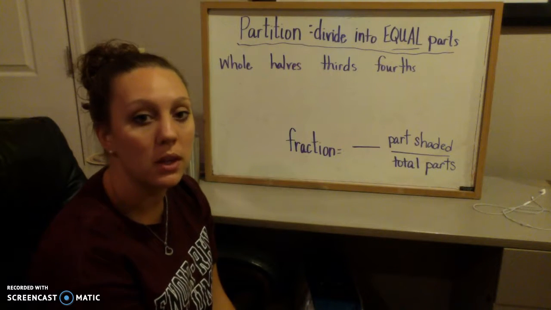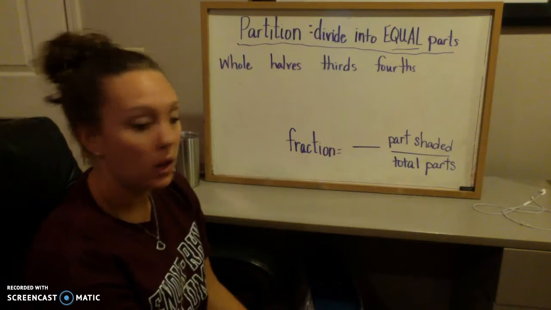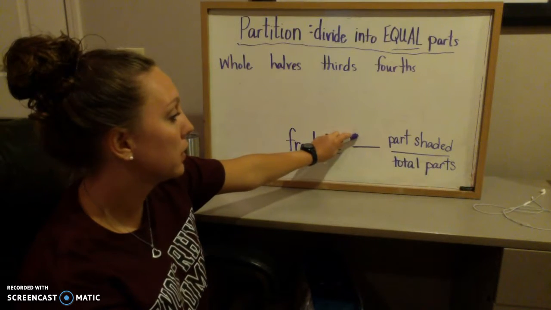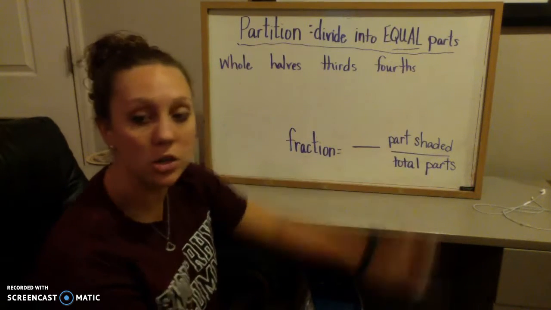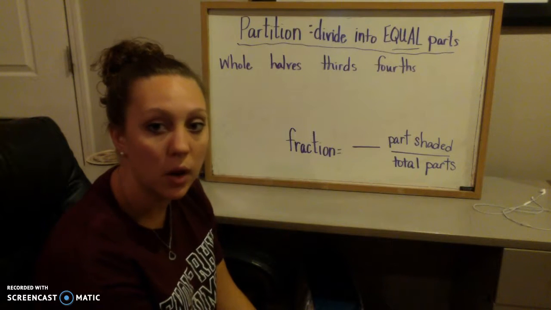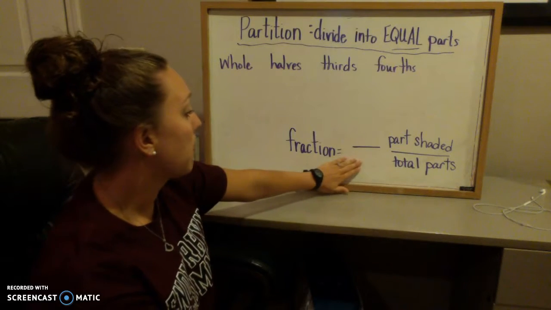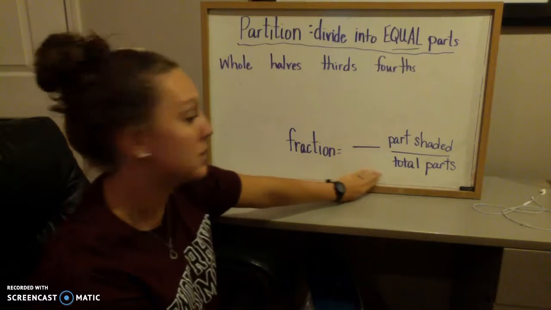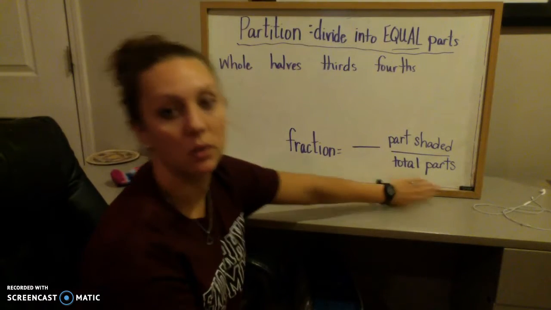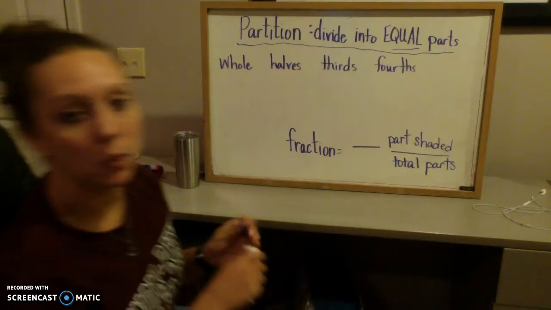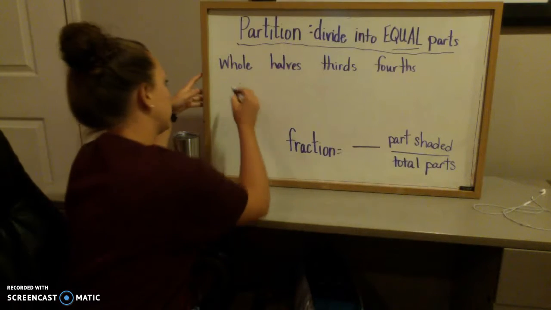Now remember, when we look at a fraction, the top number is the part shaded, also called the numerator. The bottom part, or the denominator, is the total parts. All right, so we're going to work first with a very basic circle.